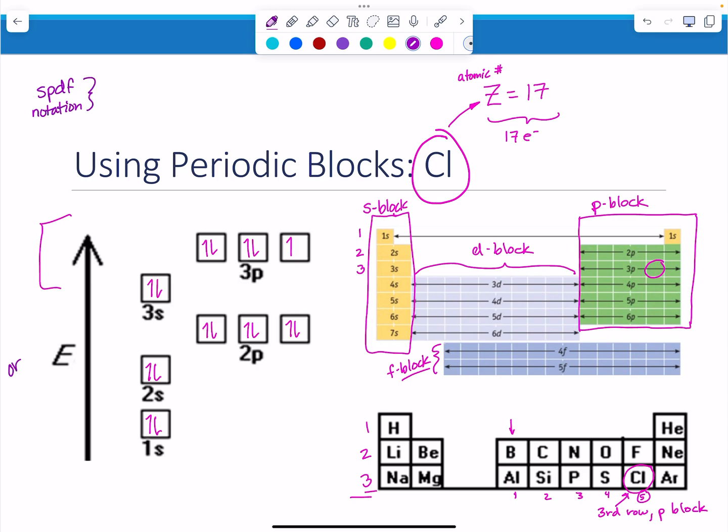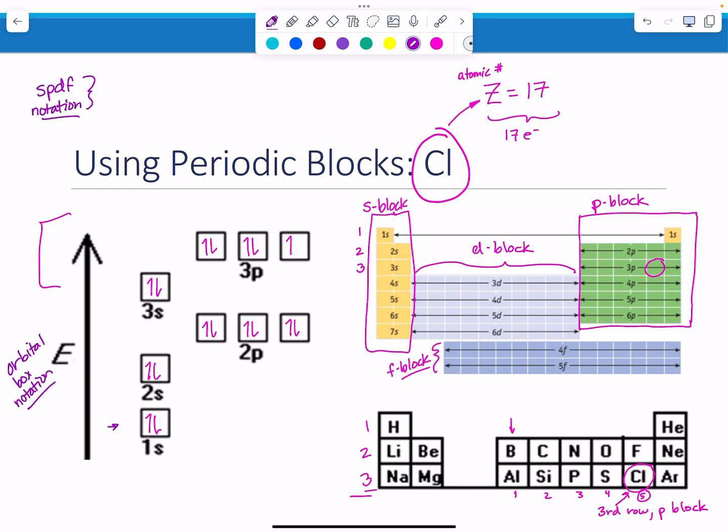So this is orbital box, and for SPDF notation we say each type of orbital and how many electrons there are. So we've got 1s2, 2s2, 2p has 6 electrons there. Our 3s has 2, and then our 3p has 5.